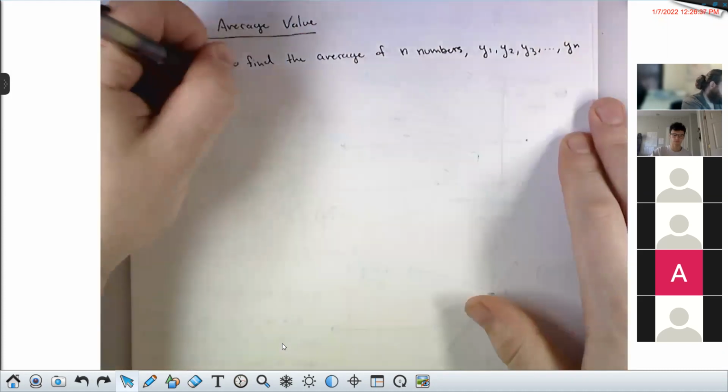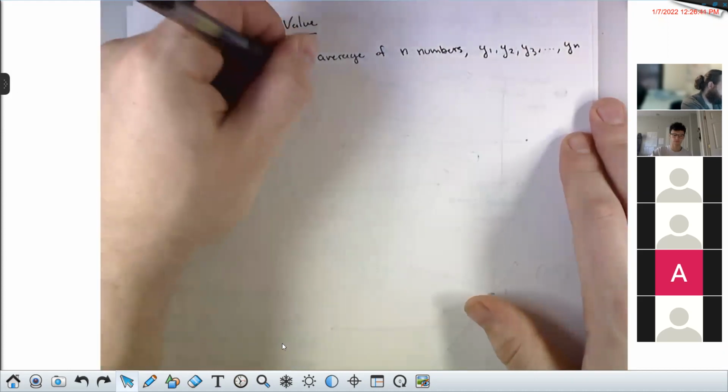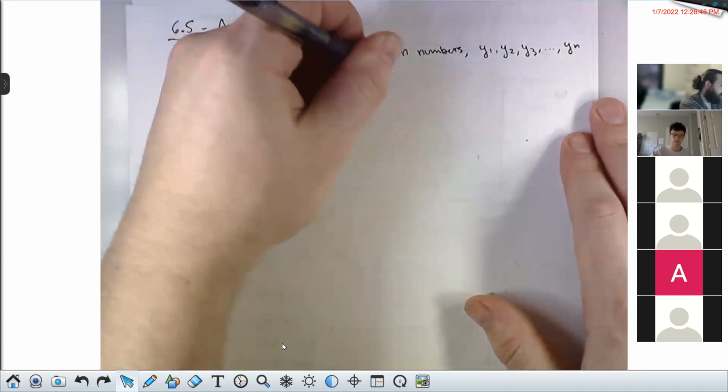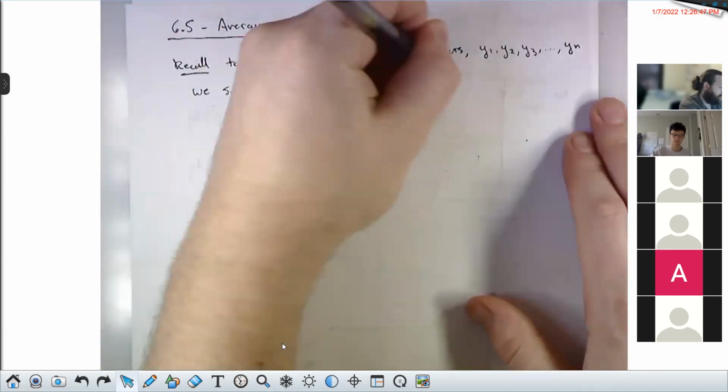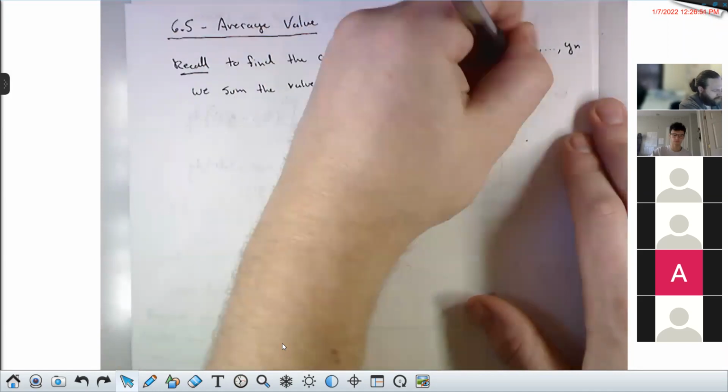What we do: we sum the values and divide by the number of numbers.